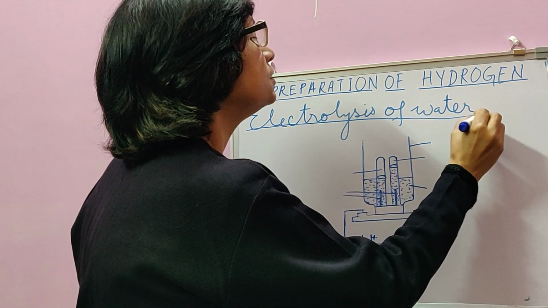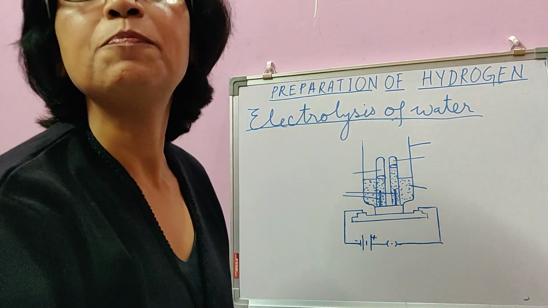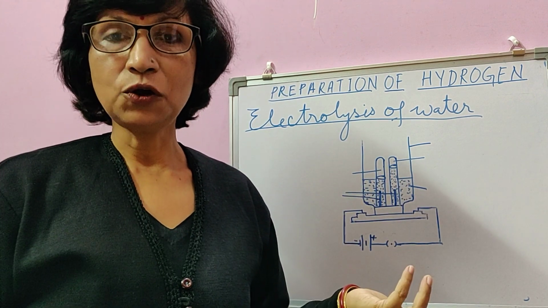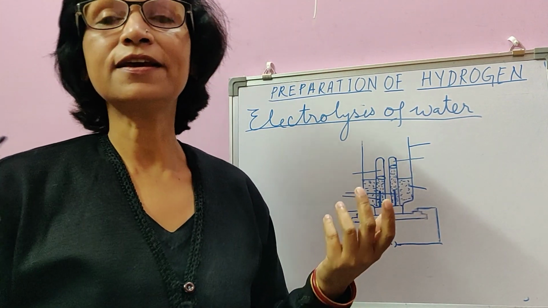Electrolysis is a process in which a chemical change happens in a substance due to passage of electric current or due to energy of electric current.